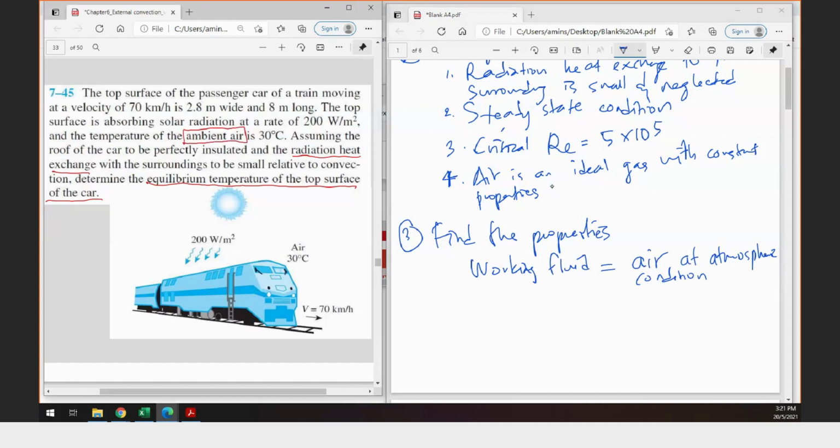Ambient air. Ambient air means that the air is at one bar or 1 atmospheric pressure.